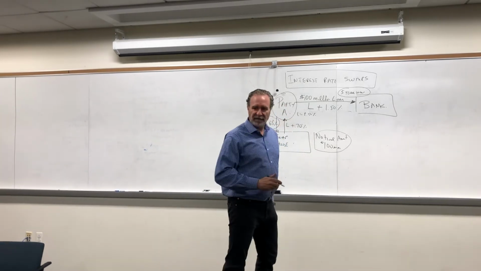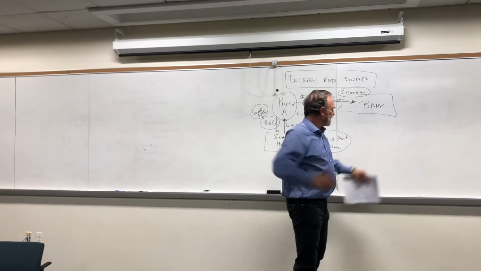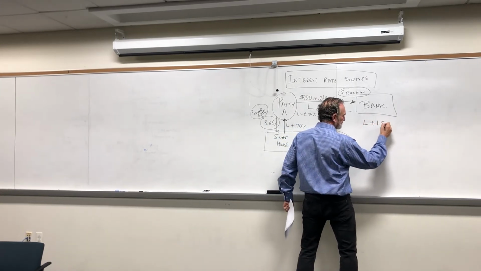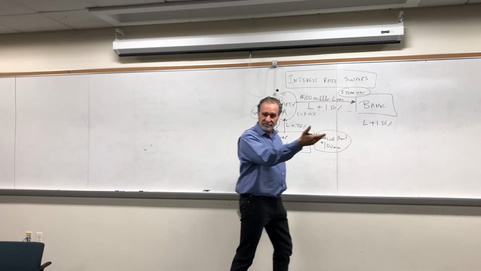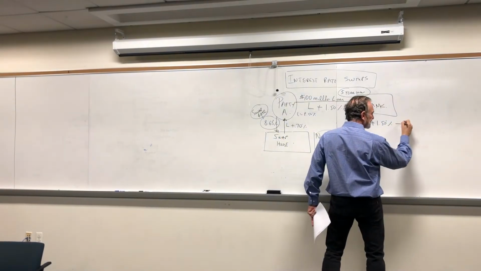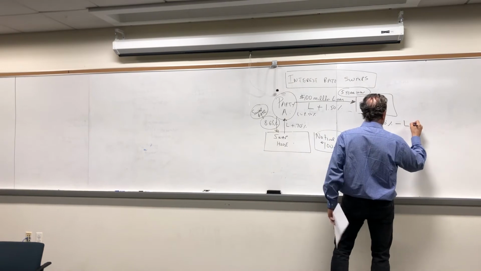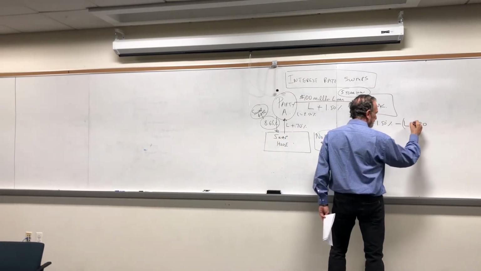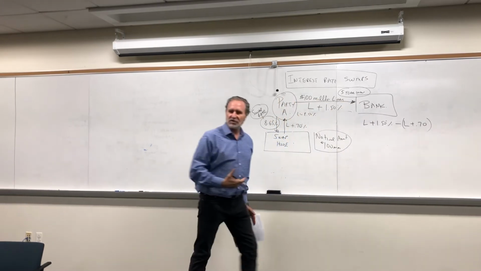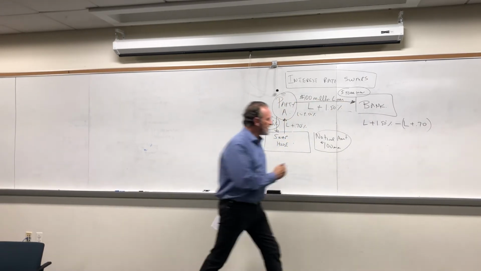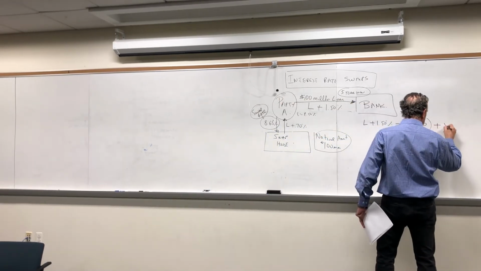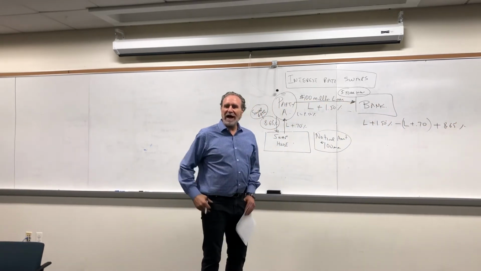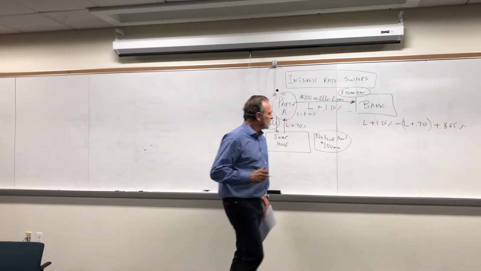What is party A paying? Let's do the whole formula. Party A pays LIBOR plus 150. He receives LIBOR plus minus 70, of course you can do it this way. He receives, so he offsets, right? And he pays a fixed rate of 865. So let's see how much they pay.